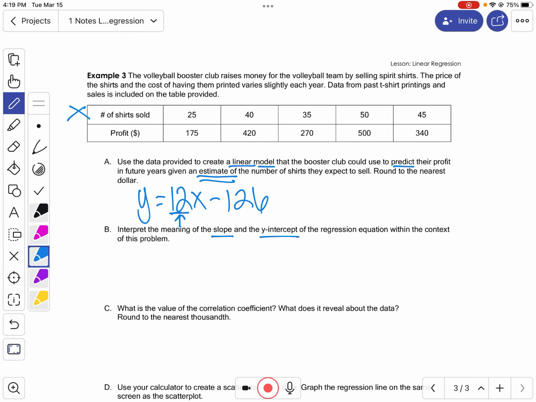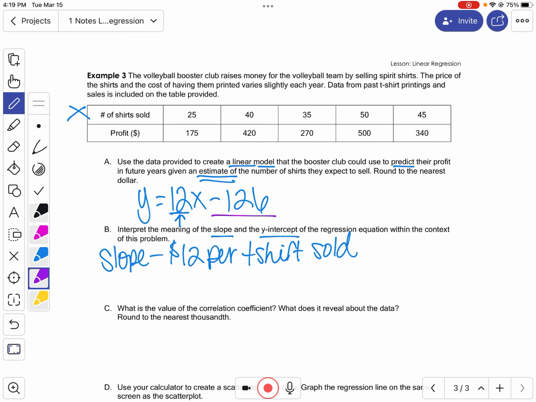So that 12, the slope, is going to represent $12 per t-shirt sold.